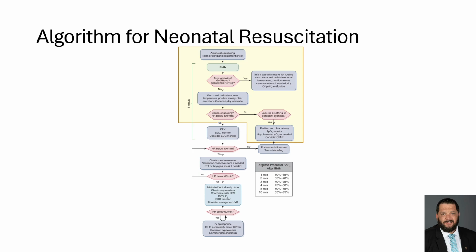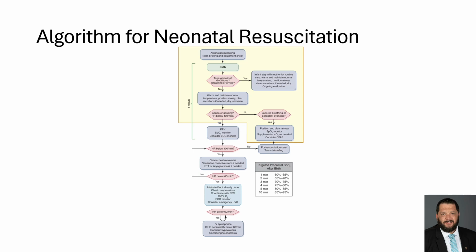If the heart rate is below 60, then we're going to intubate and begin chest compressions and coordinate with positive pressure ventilations at 100%. We're going to redo that until the heart rate is back above 100. And then we're going to move into post-resuscitation care, see if the baby maintains. If heart rate drops below 100, we're going to go back to ventilations.